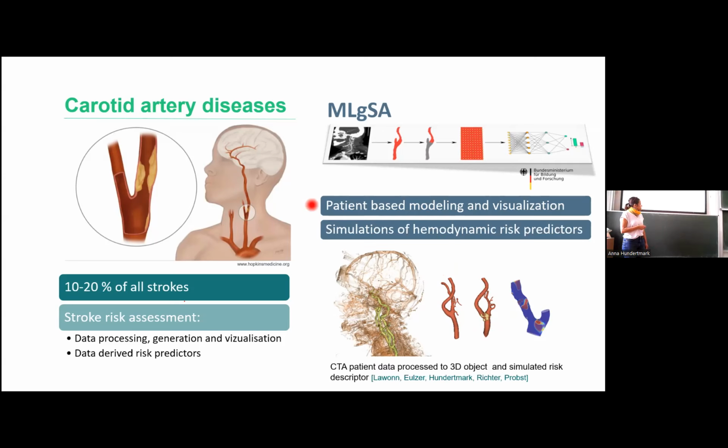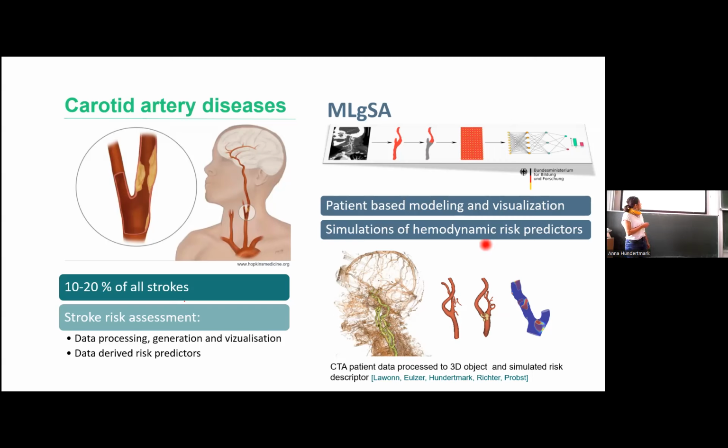This is the work of our visualization group, and the numerics group is dealing with a risk predictor or indicator of cardiovascular risk in these patient-specific cases.